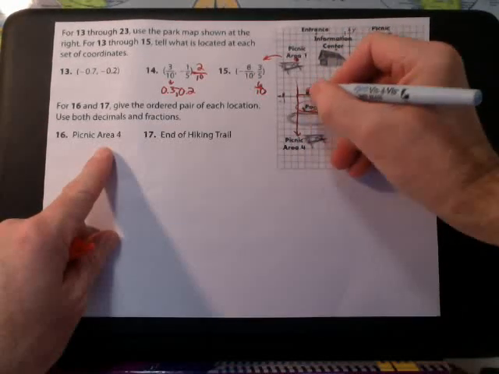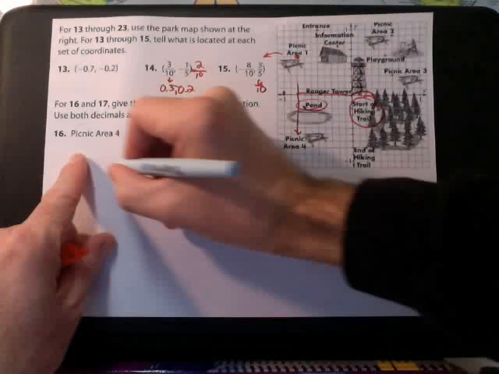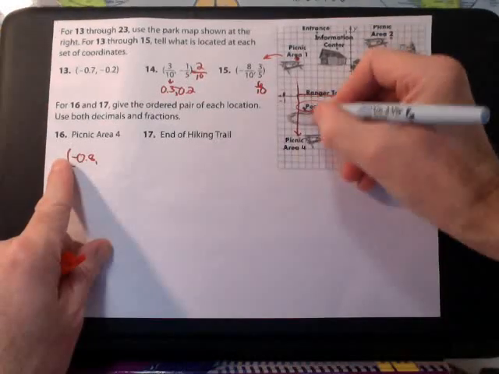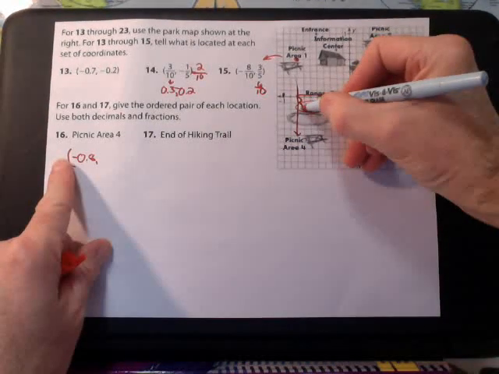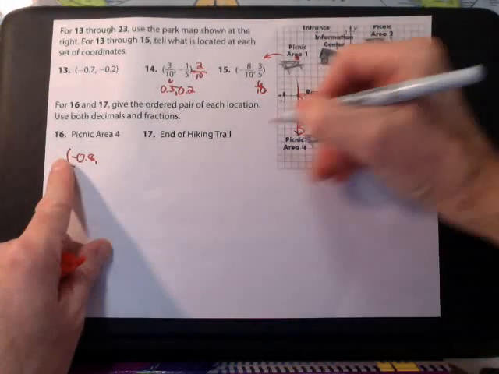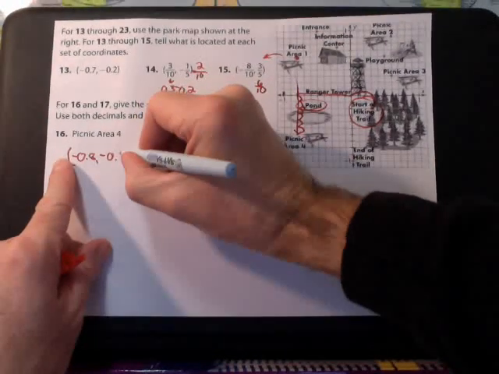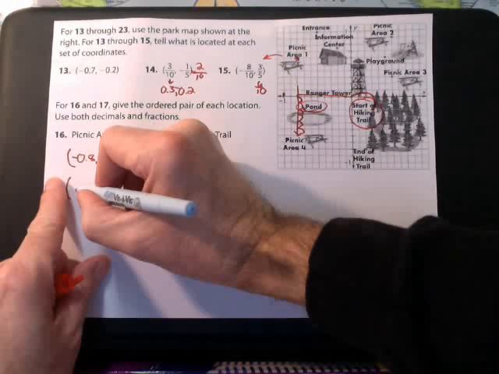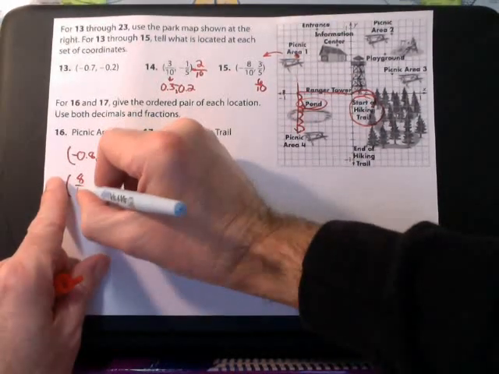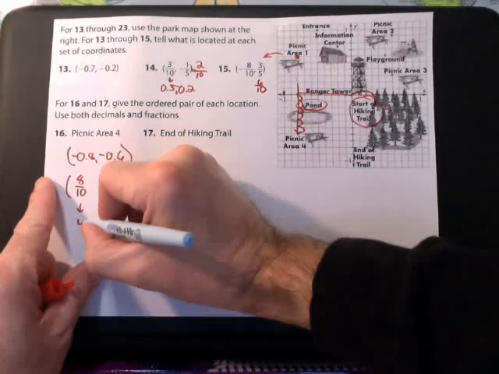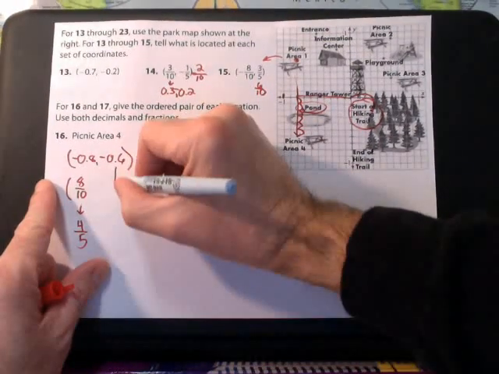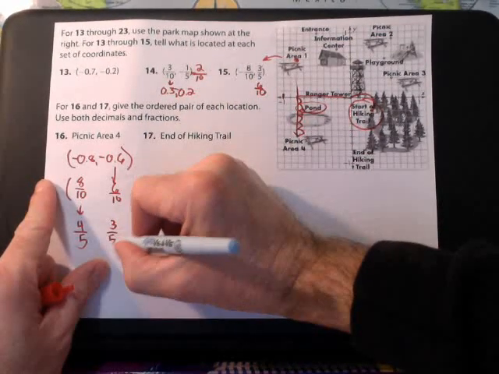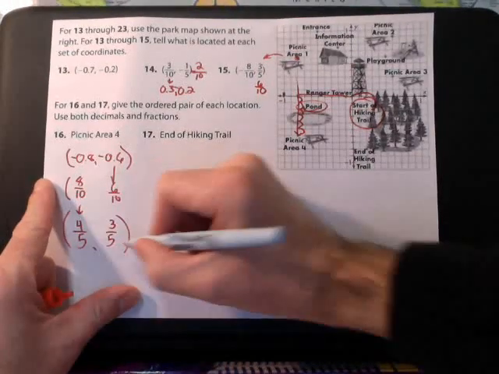So this would be, area 4 would be negative 8/10, and you'd come down 1, 2, 3, 4, 5, 6, negative 6/10. And of course you're in quadrant 3. If you wrote those as fractions, it would be 8/10 simplified down to 4/5, and this would be 6/10 simplified down into 3/5. That's what you have as fractions.